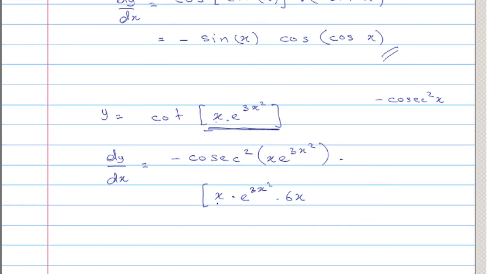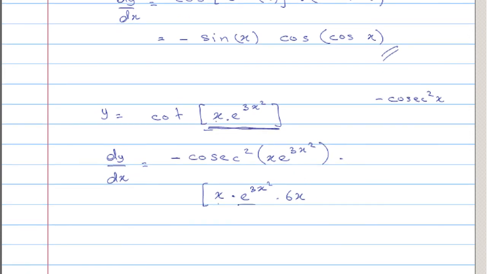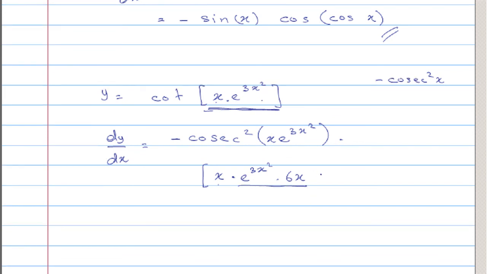So remember, this was u times dv over dx. Then I got plus v times du over dx, the second function, times the derivative of the first. Derivative of x is 1, so this works out quite easily to e to the power 3x squared.